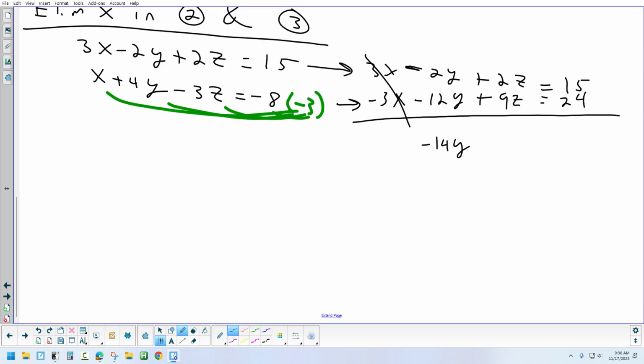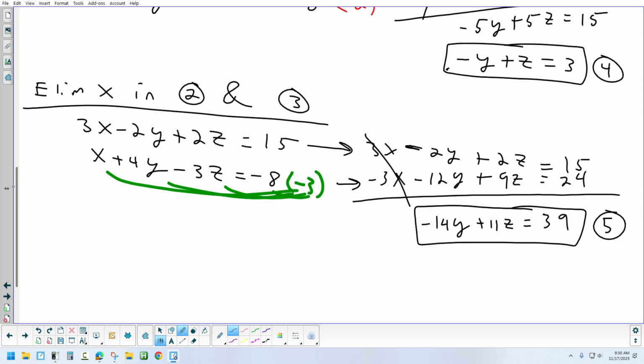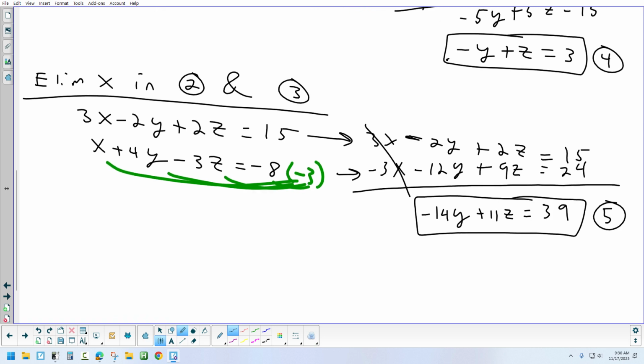And when we add up the z's? 11z. And when we add up the constants? 39. Okay, so that is another new equation. And we'll call that one equation 5. Any question on that one?